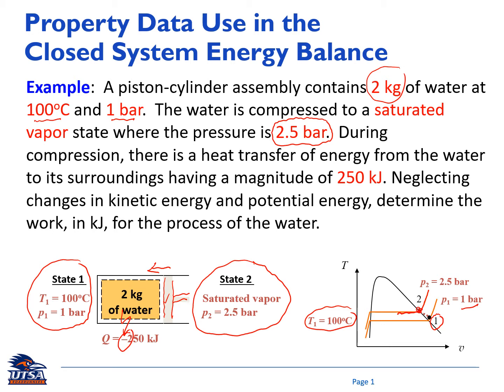You can draw a line connecting state 1 to state 2. The other known parameter here is that Q is 250, going from the system to the surroundings.